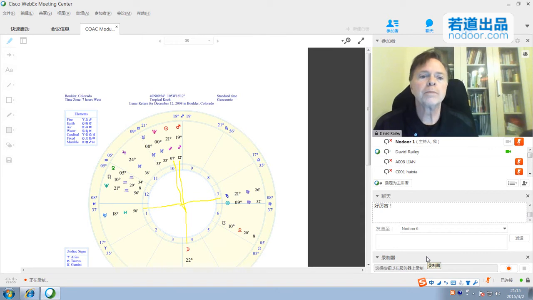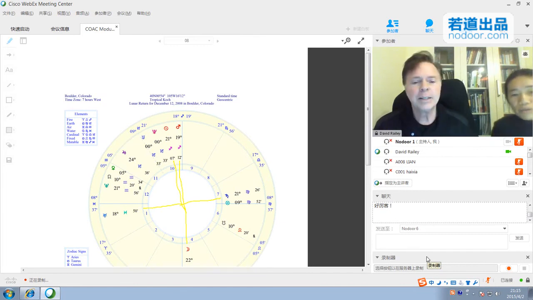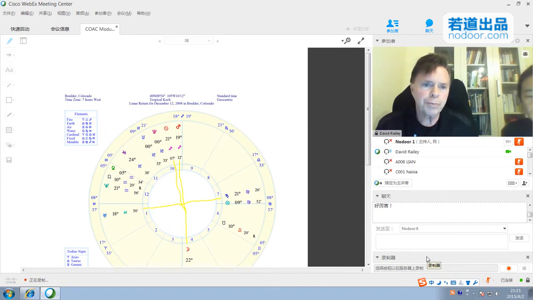Saturn is square the moon, Mars is opposite the moon, Uranus is square the moon, the sun is opposite the moon. Her shock would have been that she has no money, that her husband's money was all gone. And again, this is working with a lunar return.